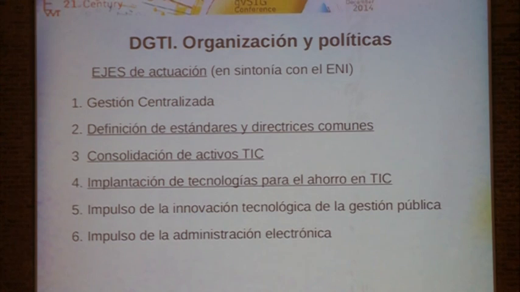In order to achieve those objectives, we have a series of action axes, and during these 3 years we had a centralized action of all applications and infrastructure, and for that it was very important to try to establish common standards and directives.